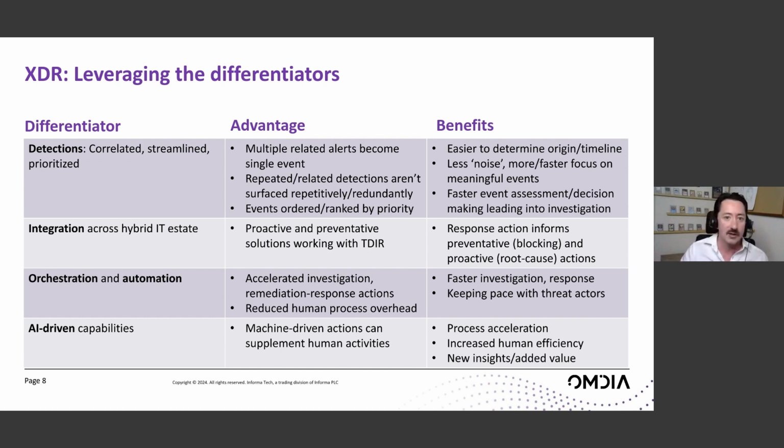XDR has taken pre-response orchestration to another level, because not only does it bring together those related events into a unified case for you, but through the increasing use of machine learning and AI, it has the ability to recognize what's happening in a case, how it looks, what the vulnerability is, what the threat actor is attempting to do, and apply orchestration actions to enrich the event or automatically bring in certain stakeholders through notification.